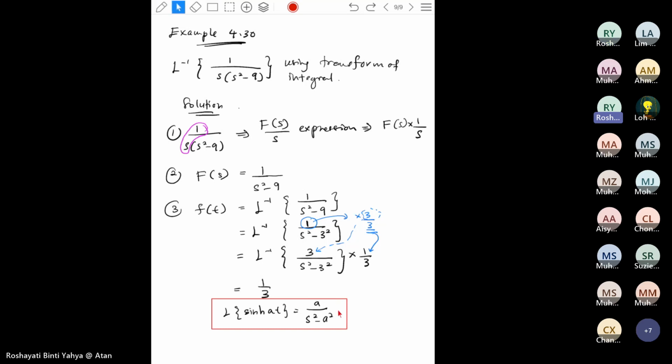And then sine hyperbolic a is 3t. This is f(t).